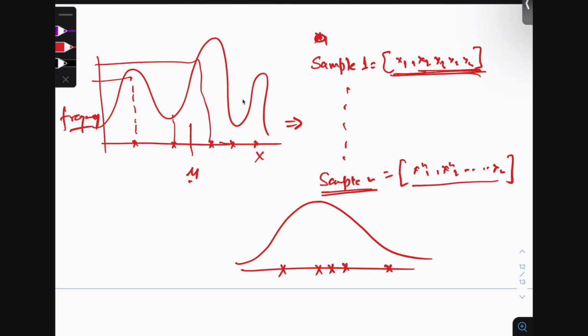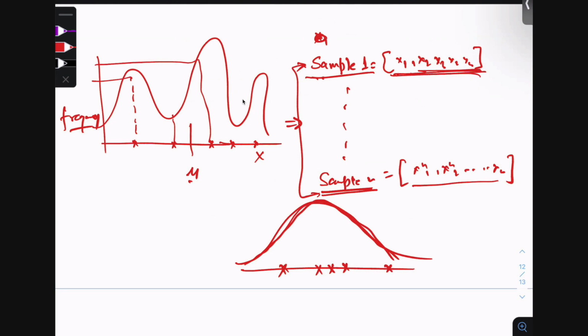What the central limit theorem says is that if we do this sampling many times, then this graph, which is created by the sample statistic, which is the sample mean in this case, will gain the shape of a normal distribution.